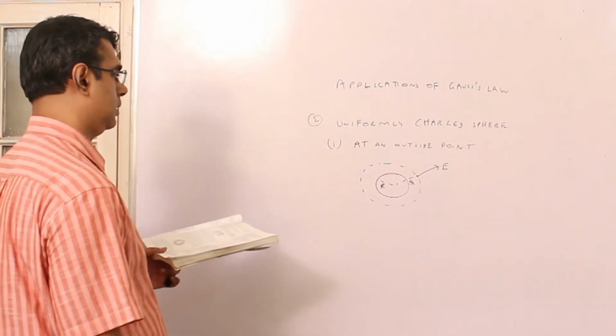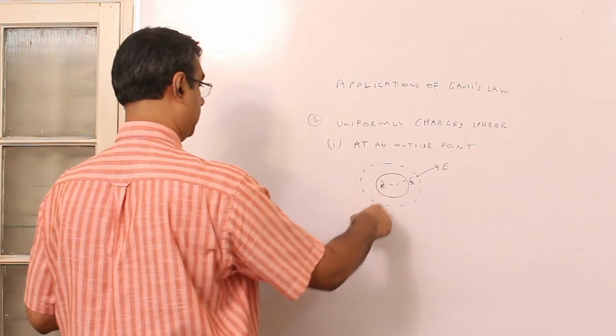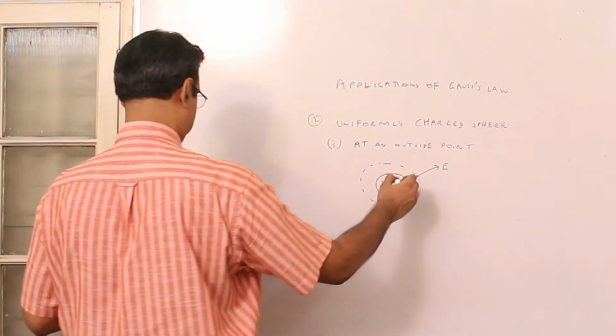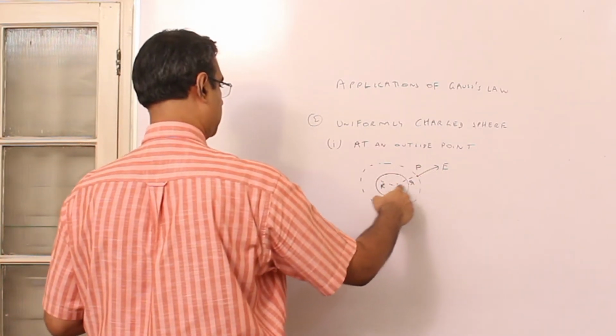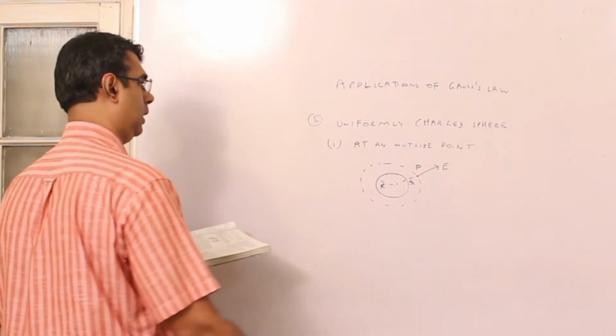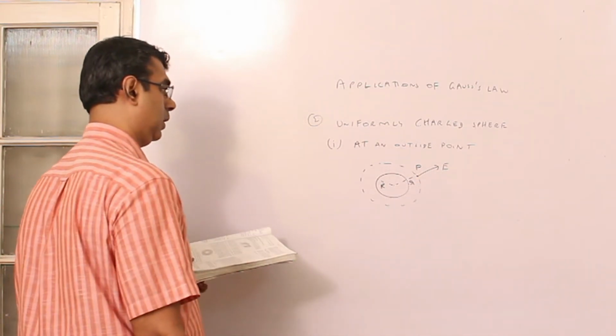Now suppose there is a uniformly charged sphere whose radius is capital R, and there is a point P whose distance from the center is small r. I want to find the field at the point P.